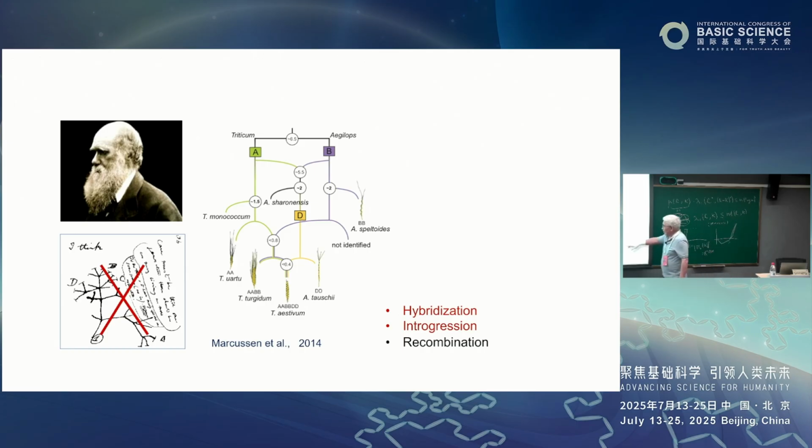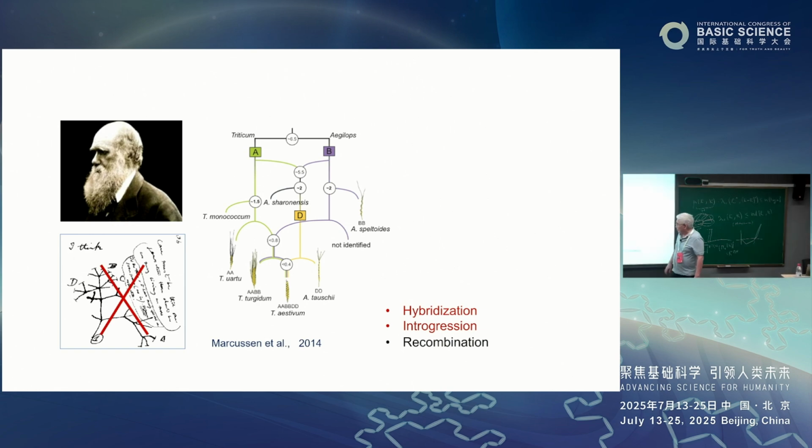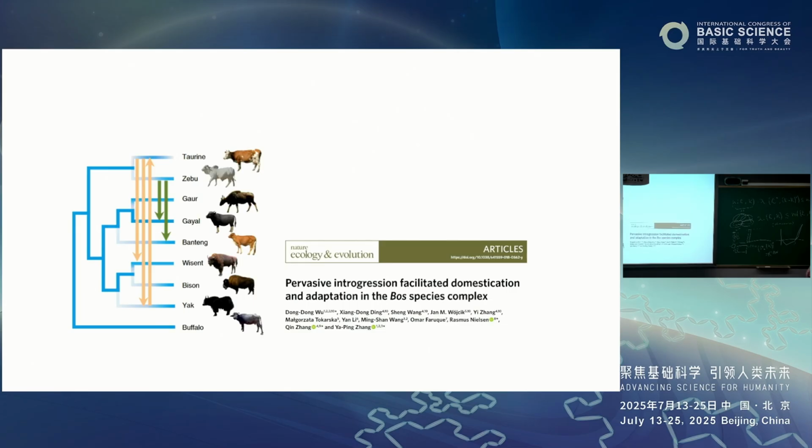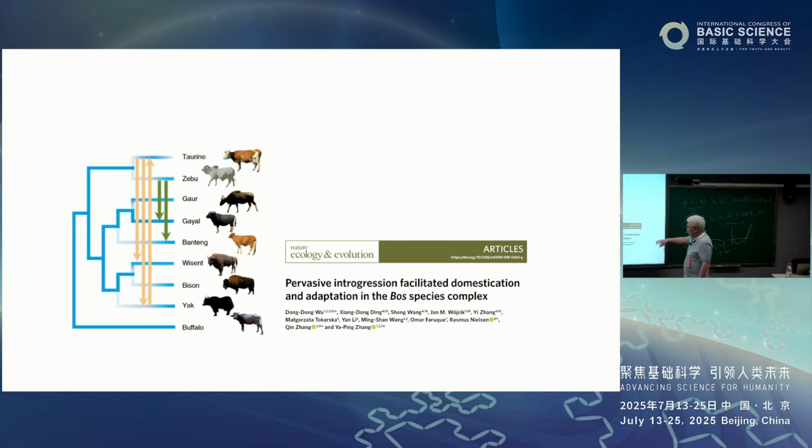Therefore, here is a network model for the gene flow in bread wheat, the wheat we eat. This is another network model to describe the gene flow in cow disease, a work done by a group of researchers in China.